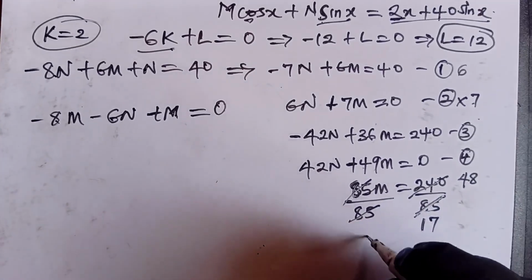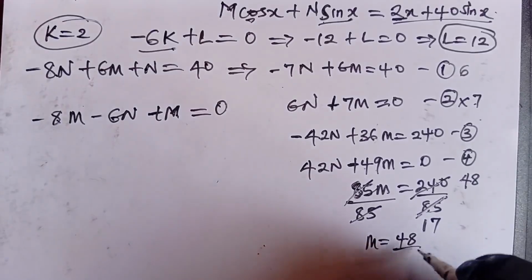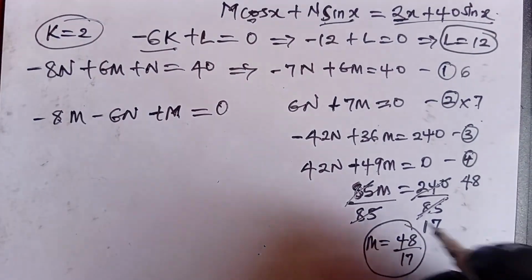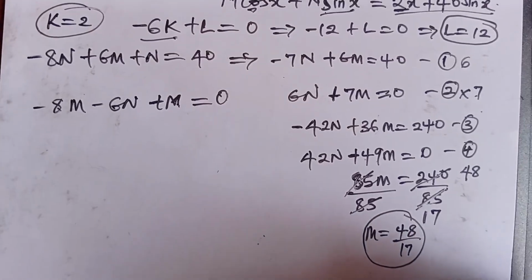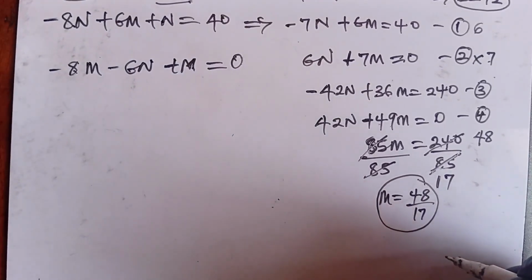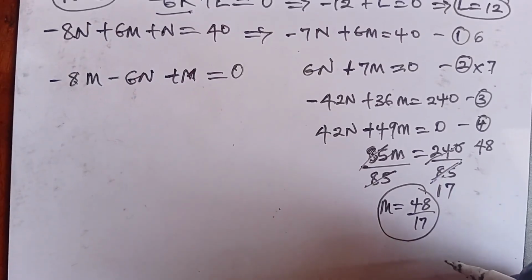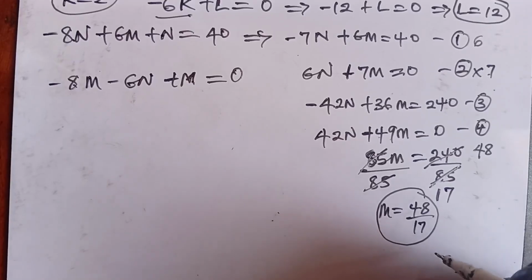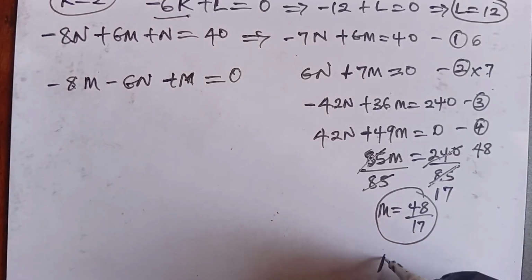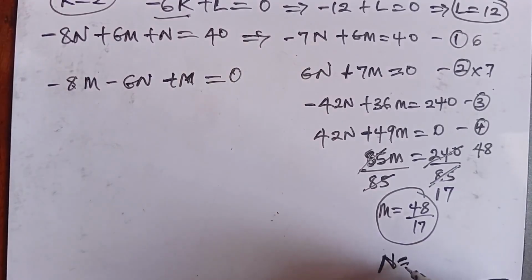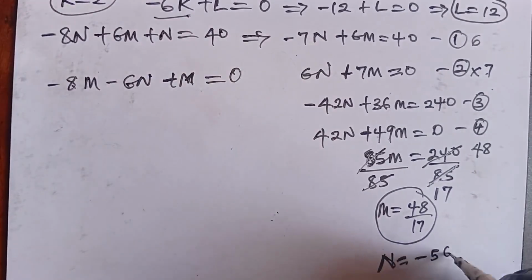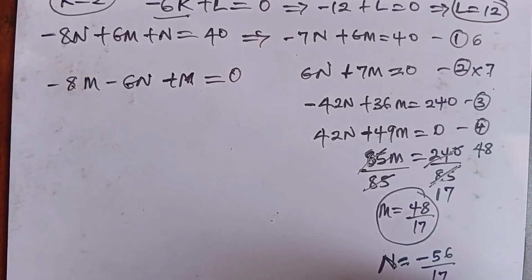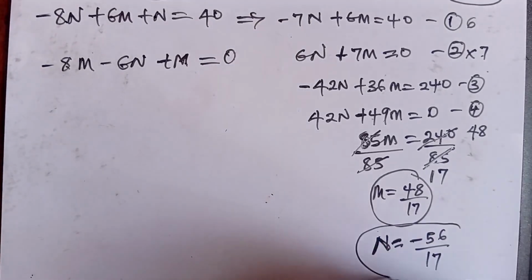So m is 48 over 17. Settled. Now let's do for n. Let's plug in 48 over 17 for m. Do the maths yourself. Substitute, you're going to get n equals negative 56 over 17. Let me leave this one for you to verify.